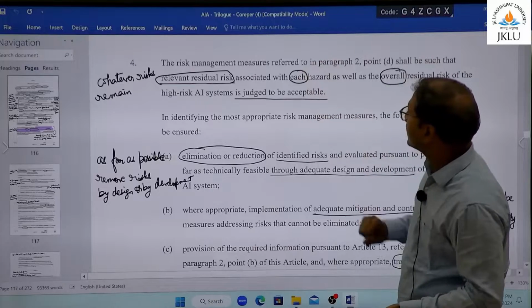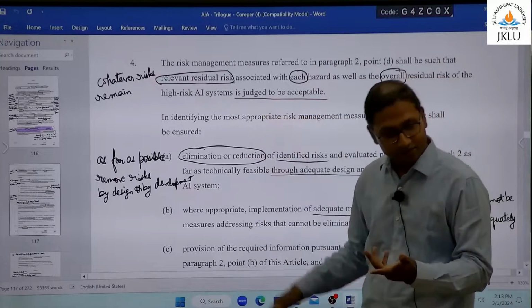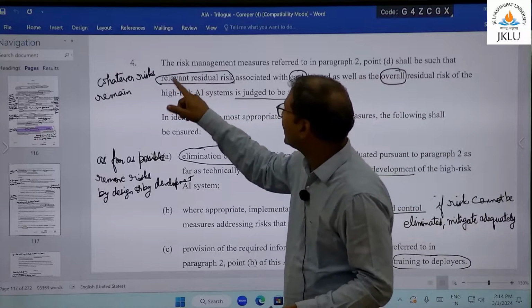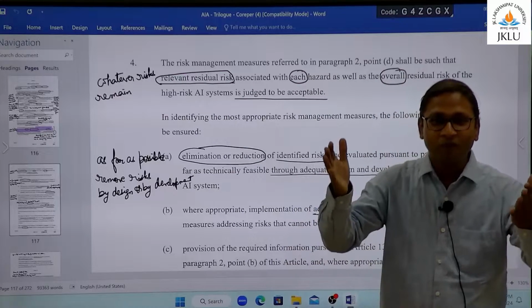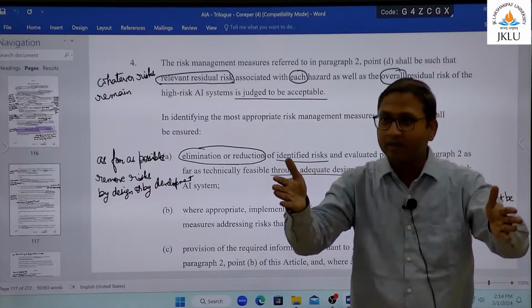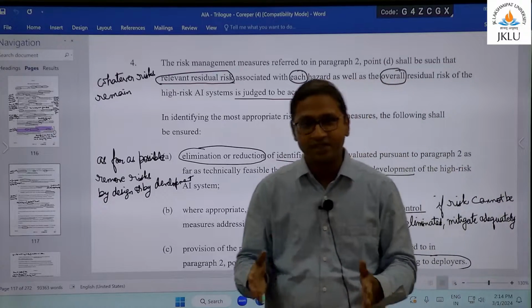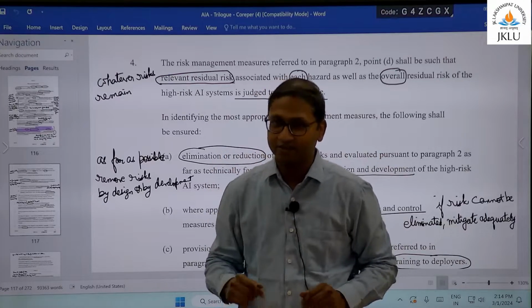The risk management measures referred to in paragraph 2, point D shall be such that the relevant residual risk, what does it mean? So, you tried to mitigate risk, you tried to eliminate risk, but now let us say you still come and say, see, somewhat risk is still left.